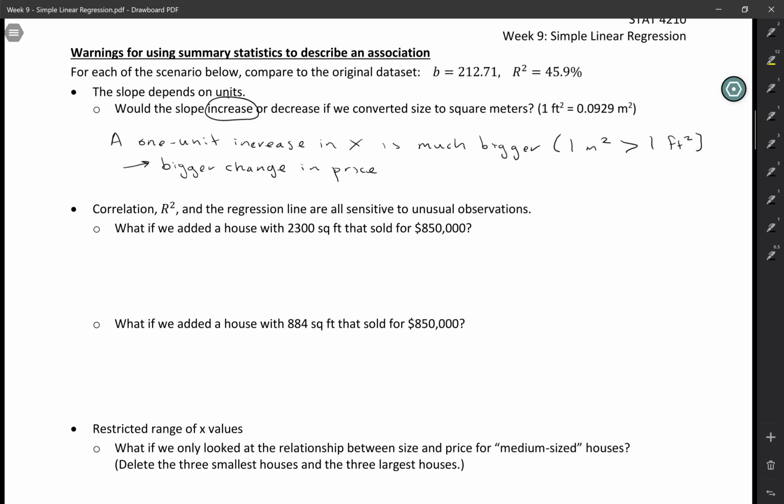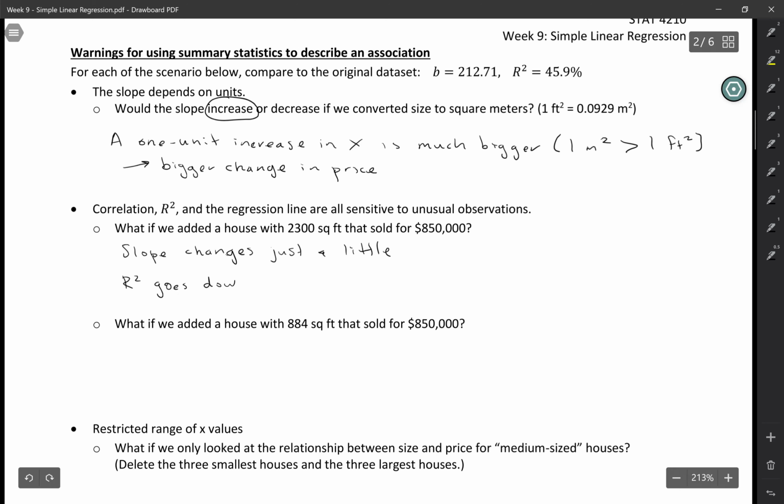So for this point, the slope changes just a little. That's pretty common when you add a point in the middle of your x values, and our R-squared goes down. That's just because our new data point is far from the regression line, so this is introducing some unexplained variability.